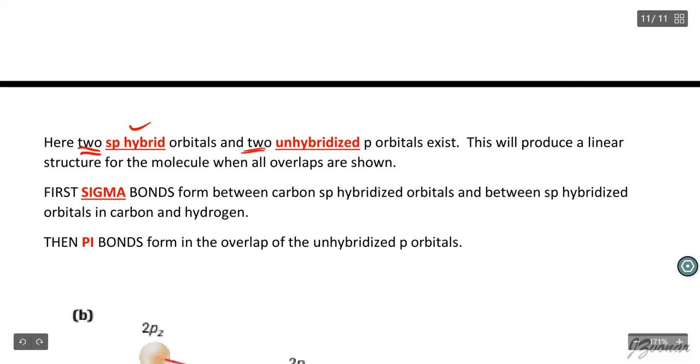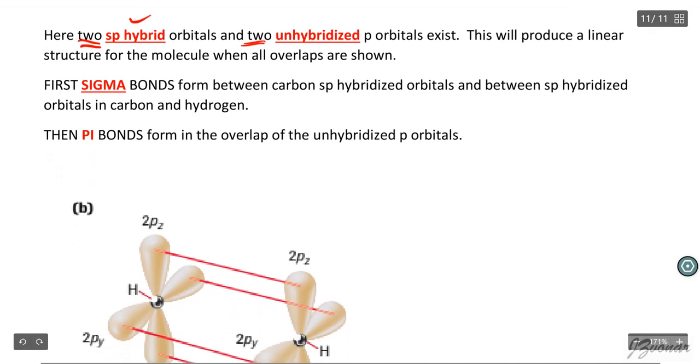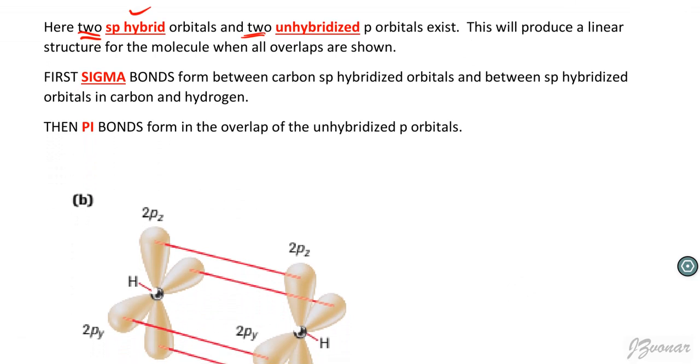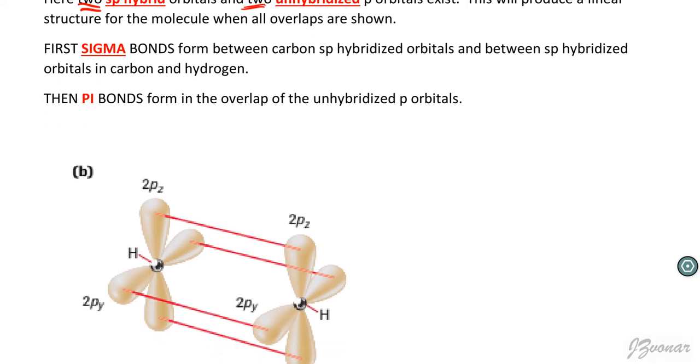And so it's going to produce our linear molecule that allows for the overlaps to form. So step 1, when we think of the molecule ethine, what needs to happen is the sigma bonds must form between the 2 carbon atoms first. All right, and so that's what's going to happen in this case.